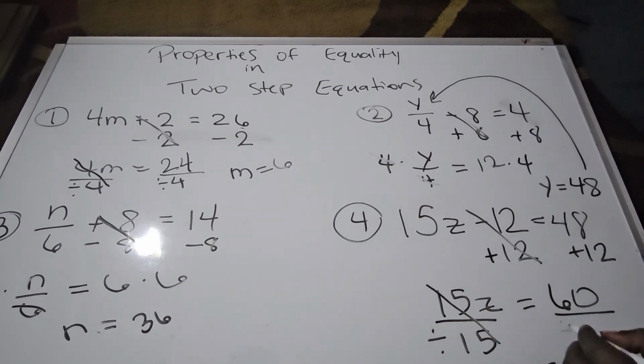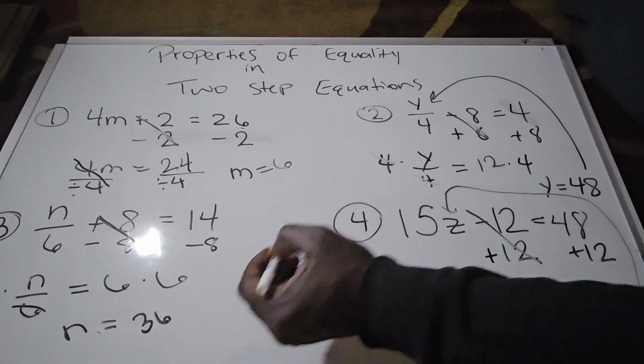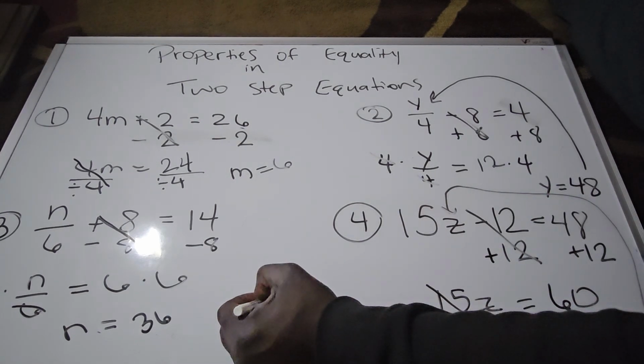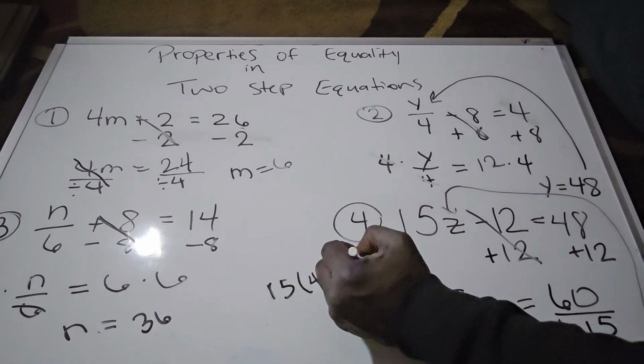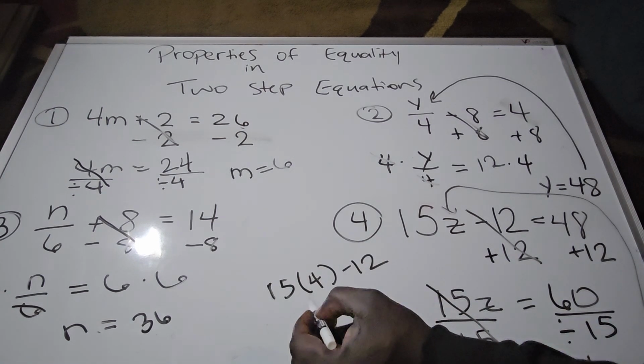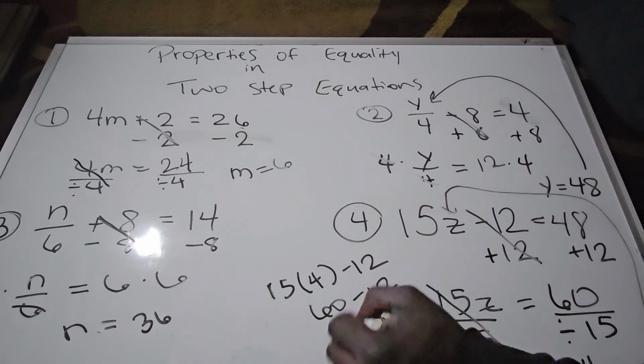We have to do that on the other side as well. And 60 divided by 15 is 4. Now, if we plug in 4 right here where z is, we have 15 times 4 minus 12. 15 times 4 is 60, minus 12 is 48.